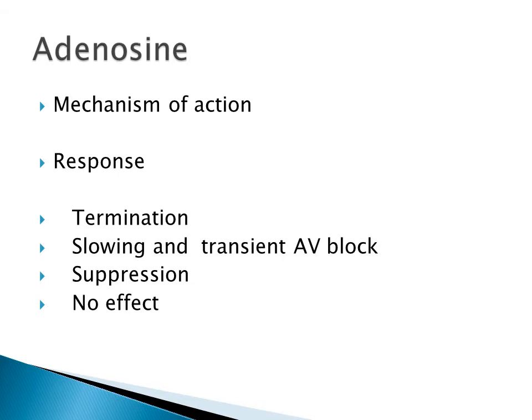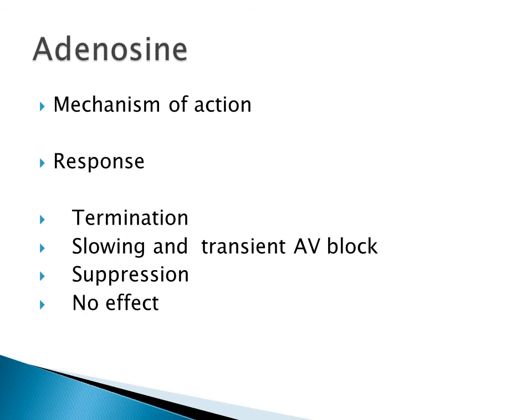So adenosine is the first line treatment for supraventricular tachycardia or even wide complex tachycardia of unknown cause after vagal maneuvers. So if vagal maneuvers fail, the next line will be adenosine, either for narrow complex tachycardia or unknown wide complex tachycardia. Adenosine, as we know, is an endogenous purine nucleoside, and it is eliminated from circulation very rapidly, within a few seconds.